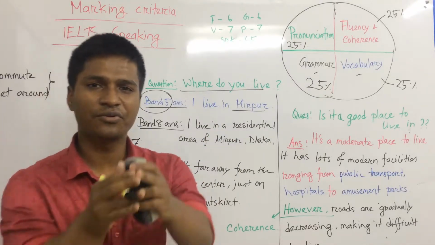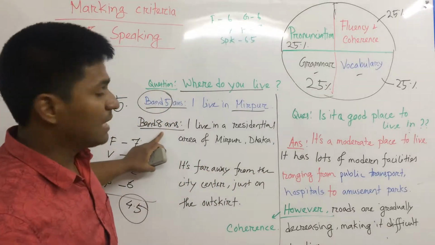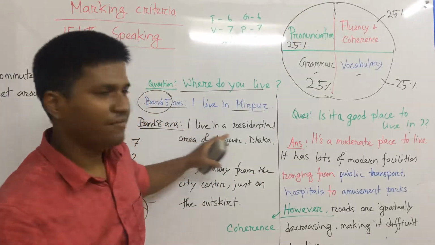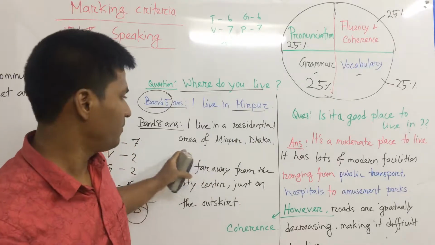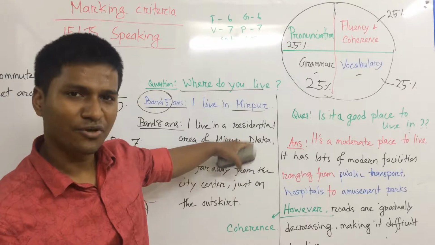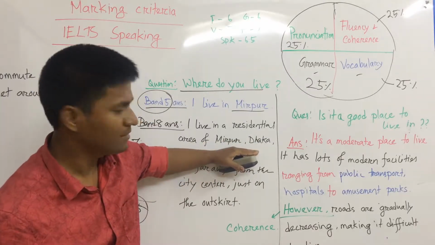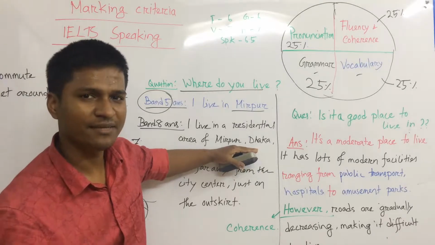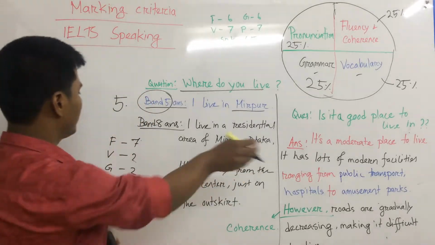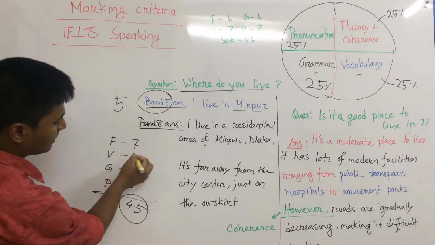What you need to do? You need to elaborate it. How? The answer can be: I live in a residential area of Mirpur, Dhaka. Okay? This is one sentence. So if you answer until this line, your fluency will be caught here, because maybe here you are getting 7.